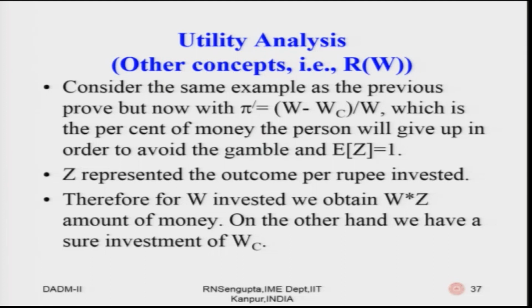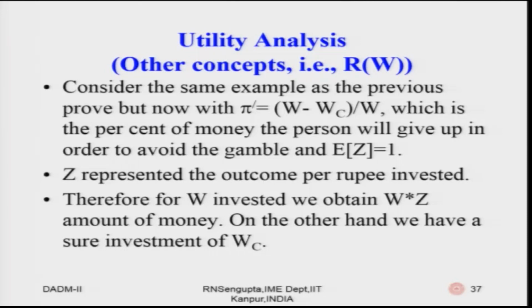But now we consider it in the relative sense, not in the absolute sense, because in the first example it was the absolute sense, or difference of wealth, which was being given to us. So, basically we have the ratio given as w minus wc by w. Now, remember that case 1 is on the left hand side, on table 1, and case 2 is on the right hand side, on table 2.